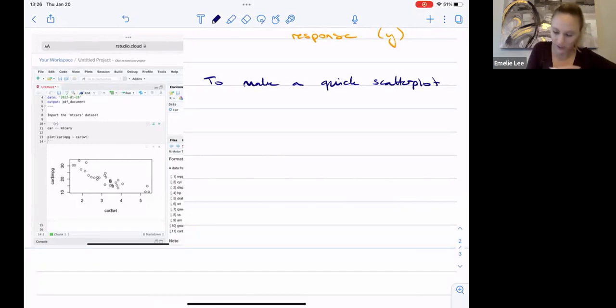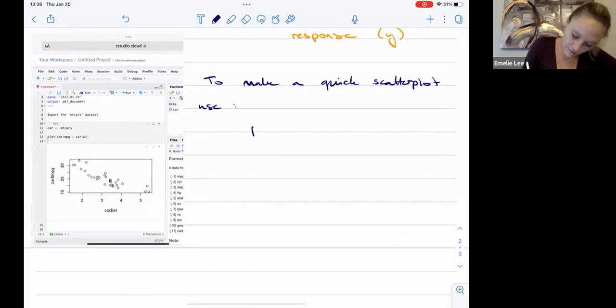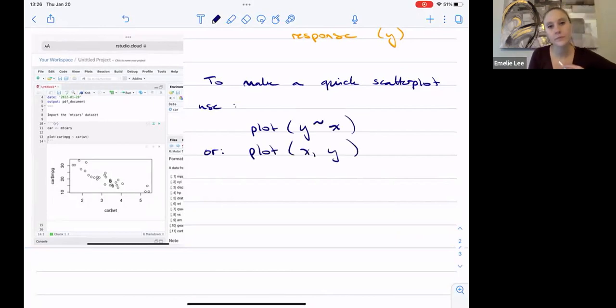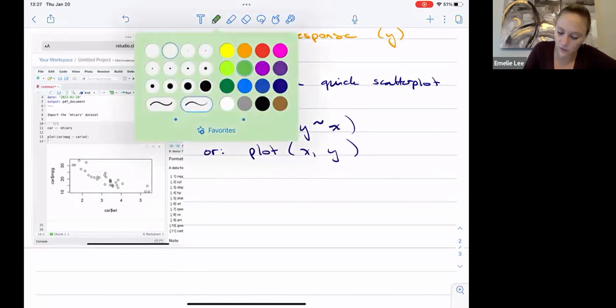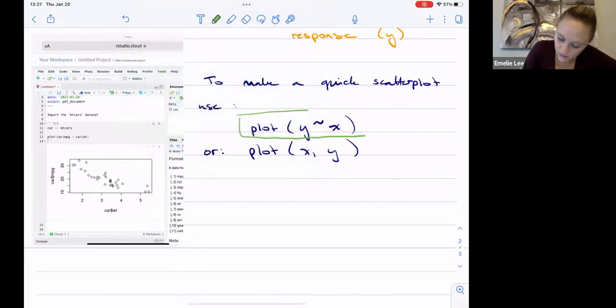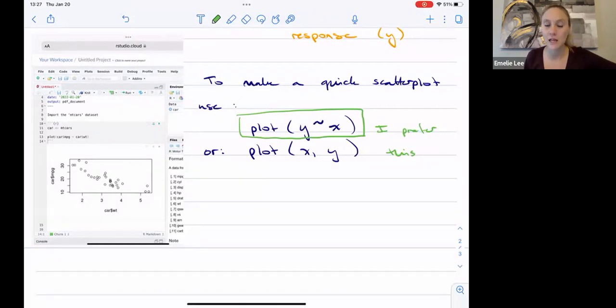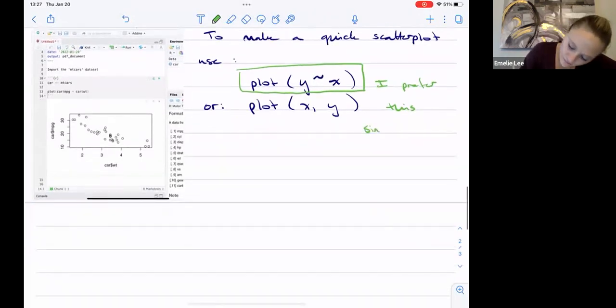Use plot y tilde x, or you can use plot x comma y. But I prefer this one since it matches the LM command later.